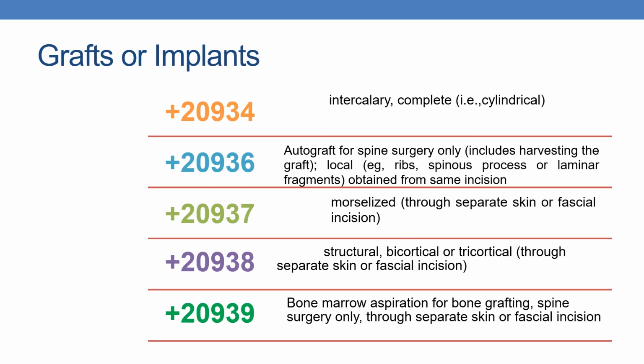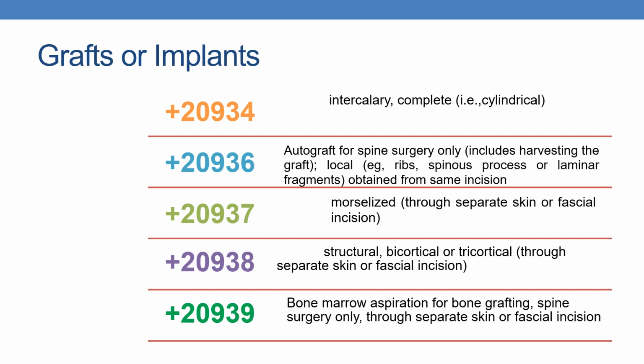For example, cylindrical. The next is plus 20936, autograft for spine surgery only, includes harvesting of graft, local, for example ribs, spinous processes or laminar fragments obtained from same incision. The next is plus 20937, autograft for spine surgery only, morselized, through separate skin or fascial incision.